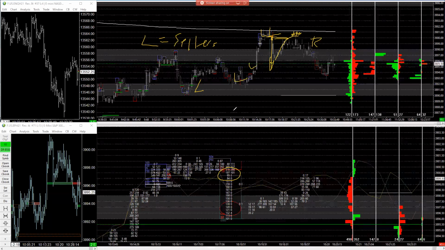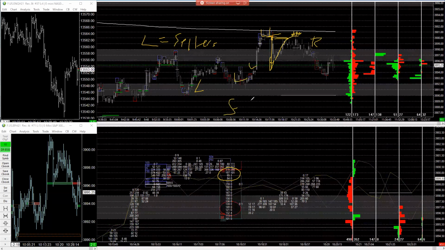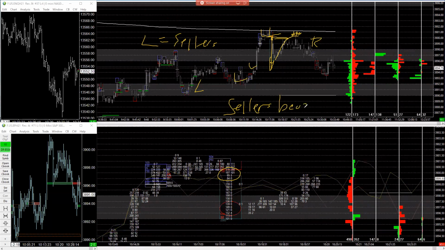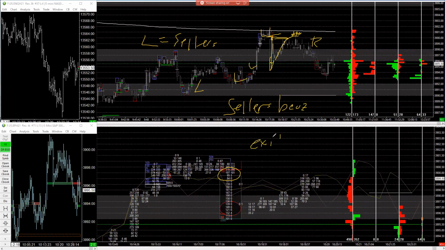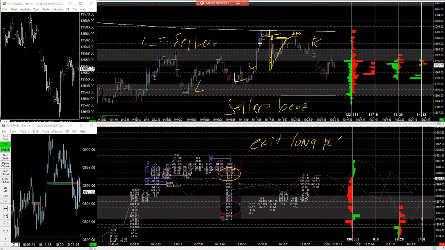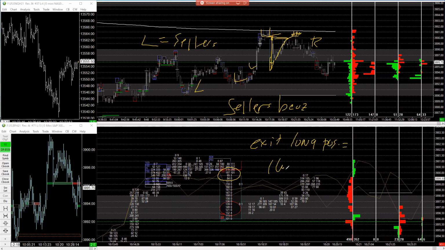And then here's the equation. When you have sellers in the market that are sellers because they're exiting long positions, that is the best. That equals the best. Let me write this. The best resistance. Say it again.